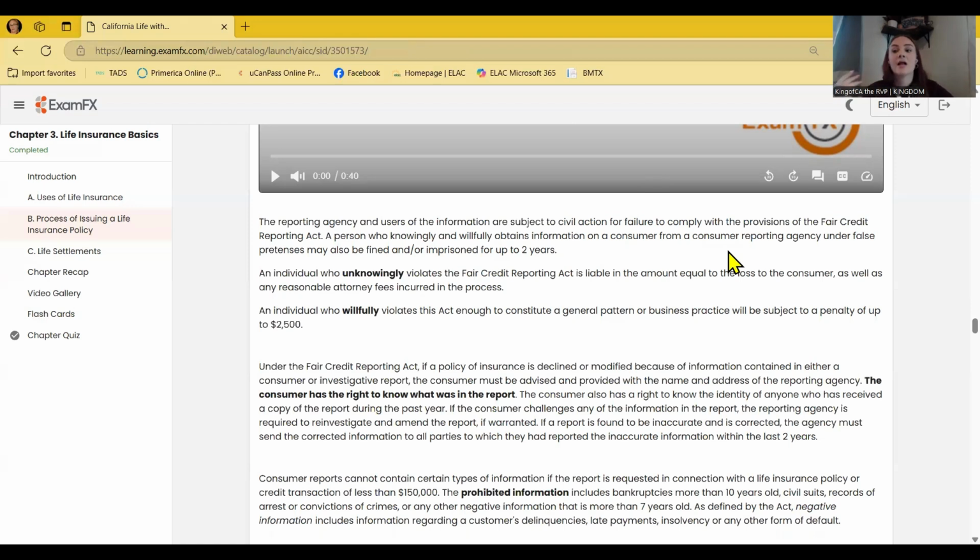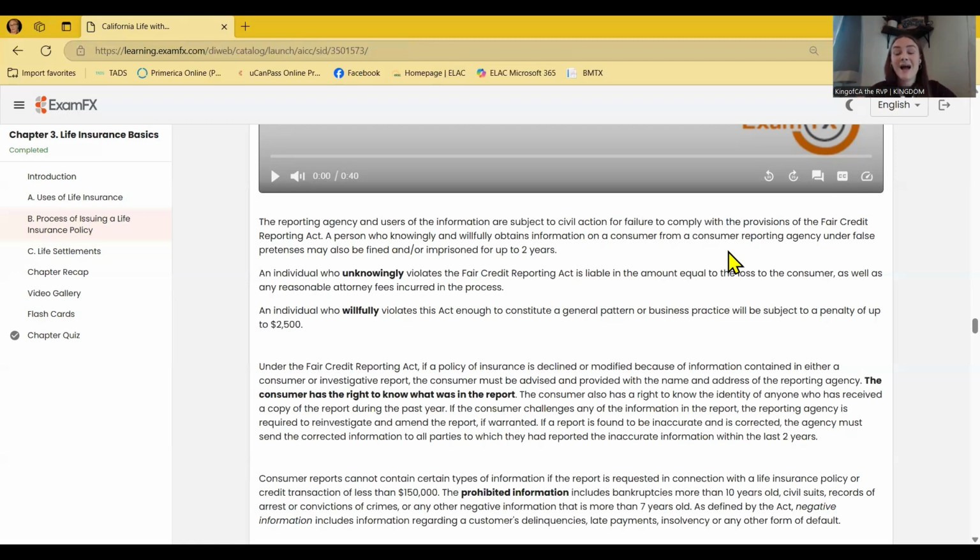This is basically a law that protects people against their information just being run for no reason. A person who knowingly and willfully obtains information on a consumer from a consumer reporting agency under false pretenses may also be fined and or imprisoned up to 2 years.